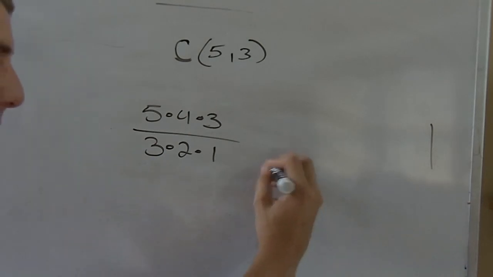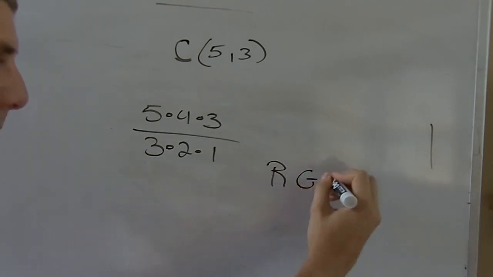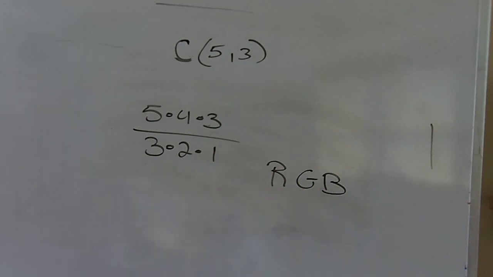So like if I had R, G, and B, and I had to figure out all the different possible outcomes for that, okay, the first color that I choose has 3 options. After that, I've only got 2 options left because the first color has already been used. After that, I've only got 1 color left.